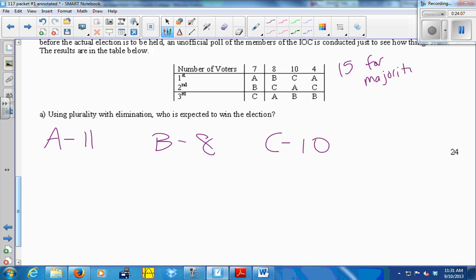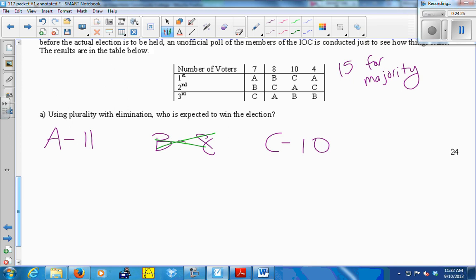So since no one has a majority, what do we do? Eliminate the lowest. So we're going to eliminate B. How do we decide who to give B's votes to? Who is ranked next in the preference schedule?